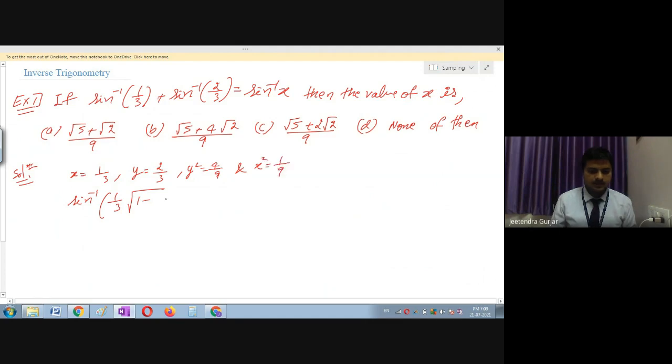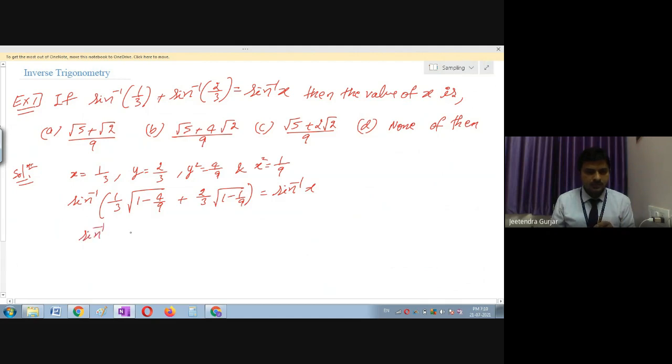So just substitute the values here, friends, easily. This is 4 upon 9 plus, you're going to write here y, 2 upon 3 square root of 1 minus x square, that is 1 upon 9. So this is our sine inverse x. One minute question, one minute answer, you will get it.